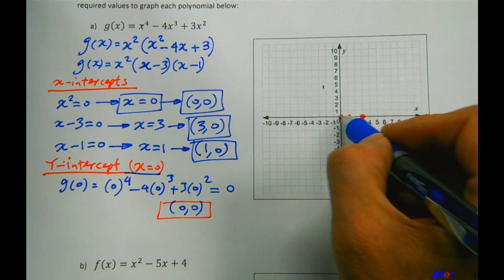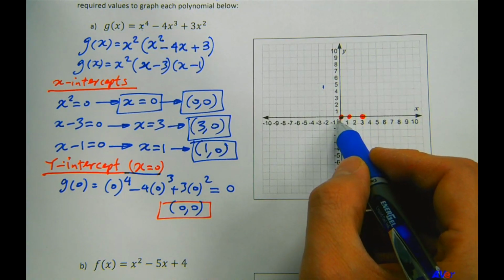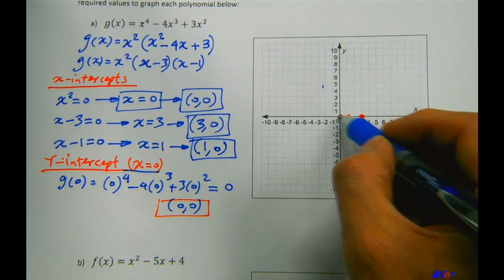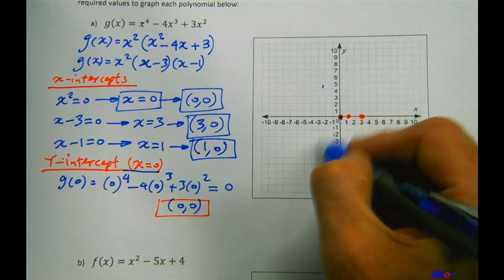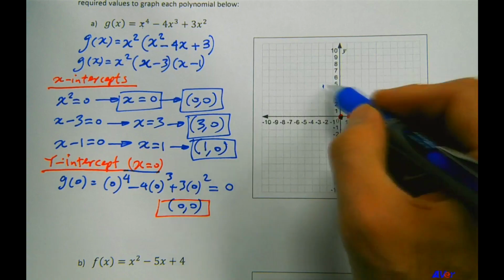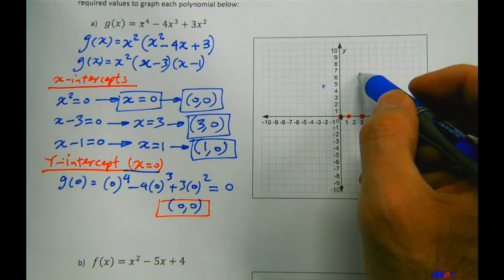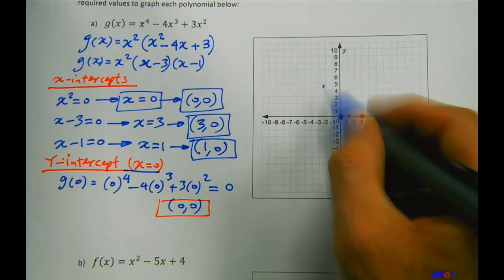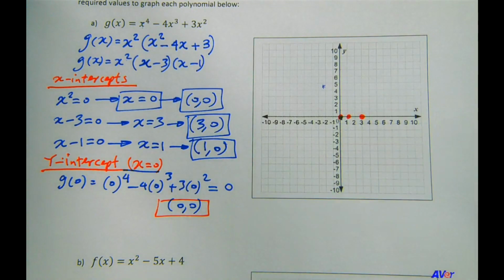We know at the point (0, 0) the graph is going to bounce back. But to which side? If the line is coming from below, it's going to bounce back to the same side, like that. But if the line is coming from above, it's going to do that. So we need to find out from which side, above or below the x-axis, the graph is approaching this zero.